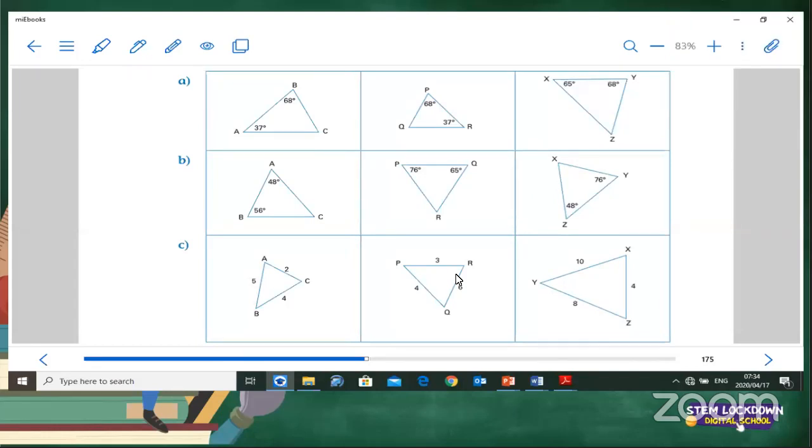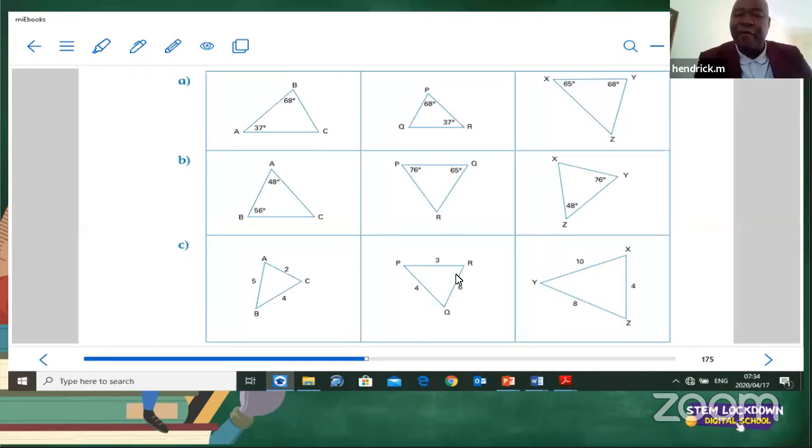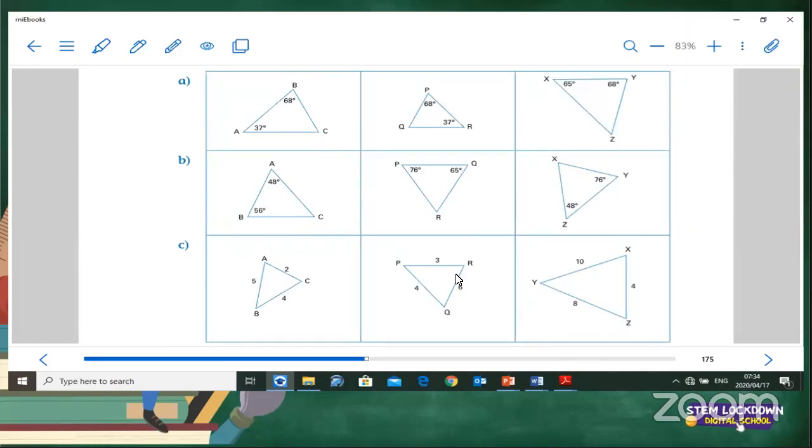You will say angle A, 48, plus B, 56, plus C. Yes, and then you add 56 and 48. You subtract the sum from 180, and then that will give you C. You do the same with angle P, Q, and R, and you also do the same with X, Y, and Z. At that point, you will see the structure.